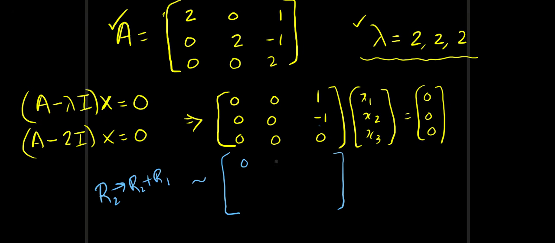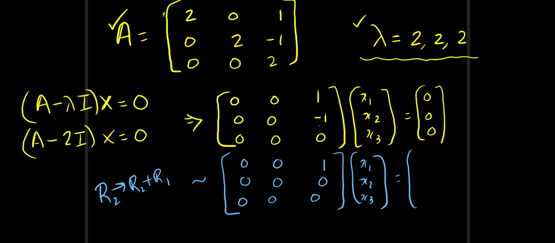That's going to give me 0, 0, 1, 0, 0, minus 1 plus 1, that is 0, and the remaining will be x1, x2, x3, equal to 0, 0, 0. That is pretty easy. So now I'll write the equation 0x1 plus 0x2 plus 1x3 equal to 0.